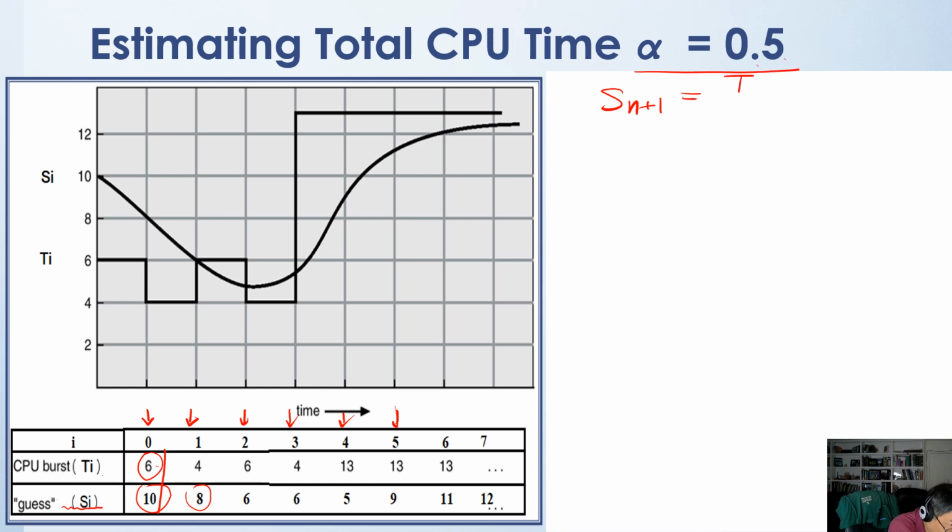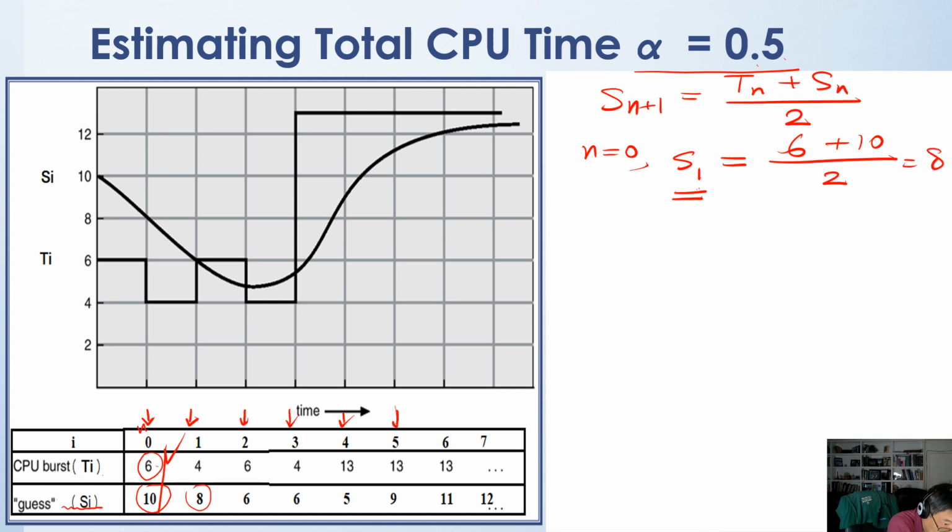When n equals 0, we calculate the next predicted time: the previous observed time is 6, and the previous predicted time is 10, divided by 2, so we get 8. So that's the value S1 we're going to use.